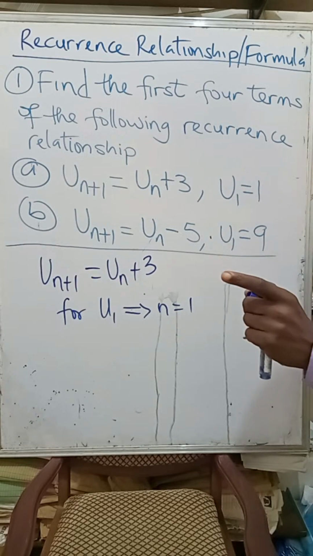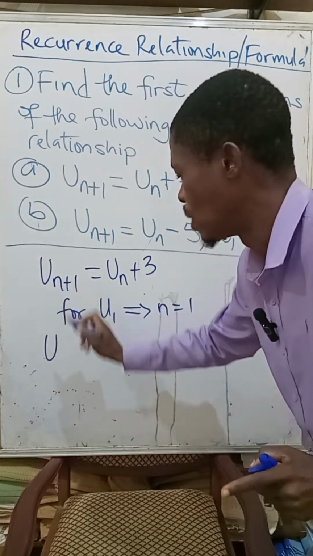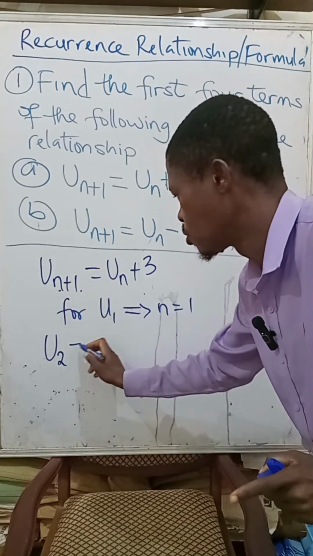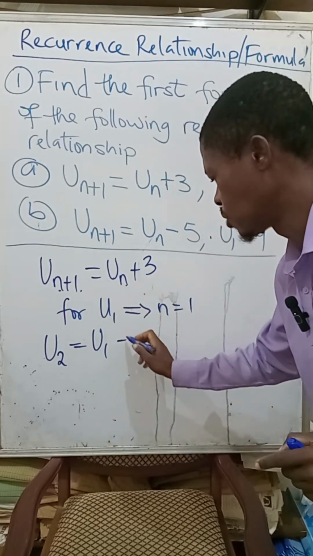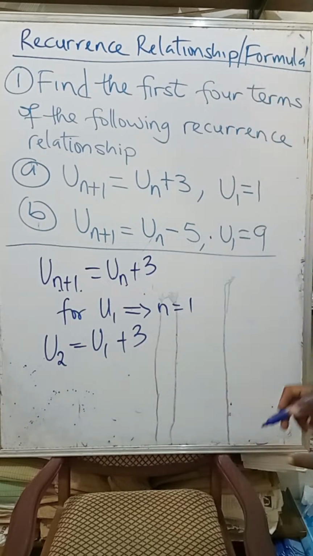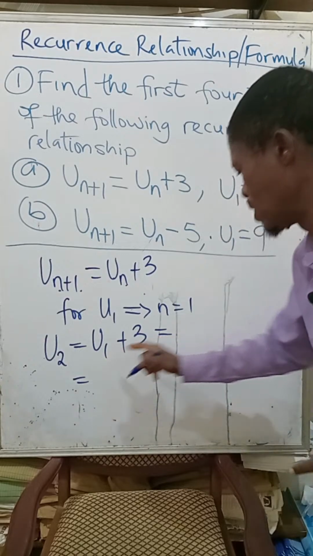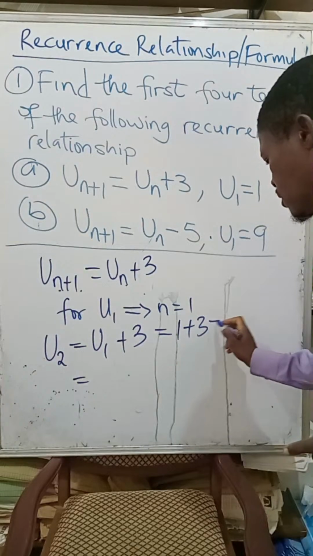So go to your formula, and when you see n, put 1 there. That will be 1 plus 1, that's 2, equal to U1 plus 3. Your U1 is 1, so that will be 1 plus 3, that's 4.